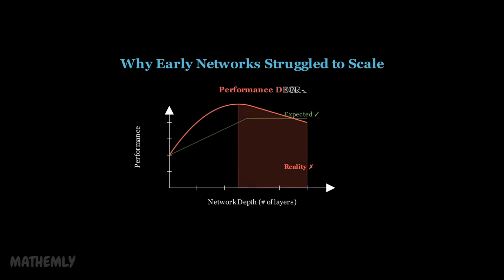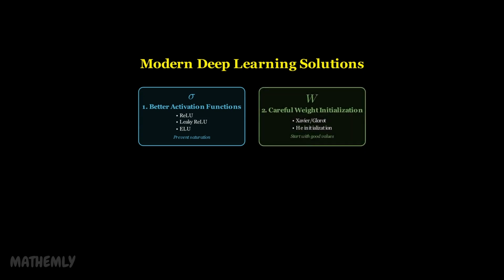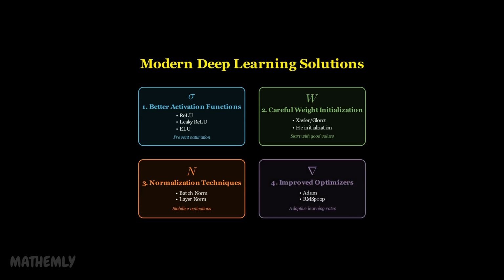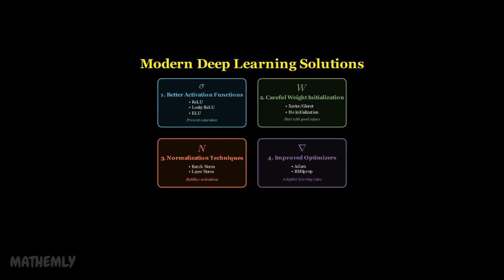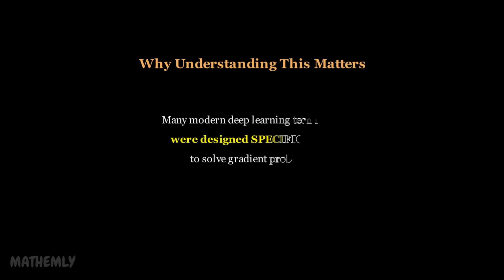They also explain why modern deep learning relies on smarter design choices, such as better activation functions, careful weight initialization, normalization techniques, and improved optimization strategies. All of these were developed to keep gradients stable as they move through many layers. Understanding these issues is crucial because many modern techniques in deep learning were designed specifically to solve them.